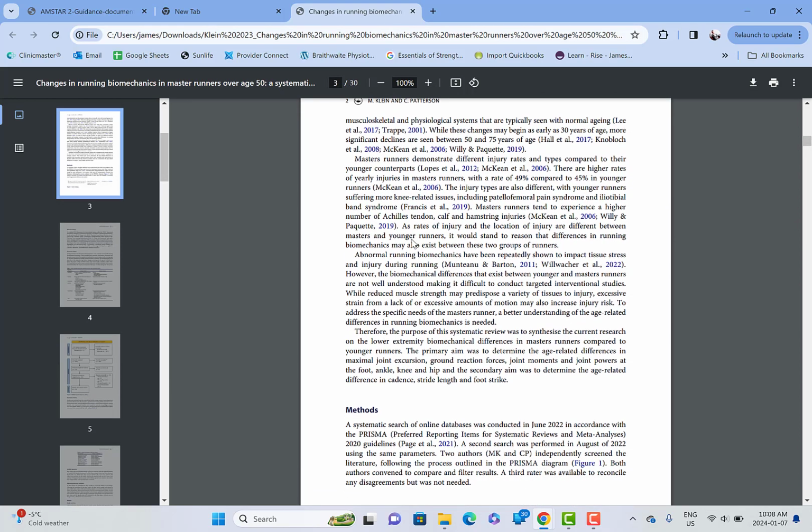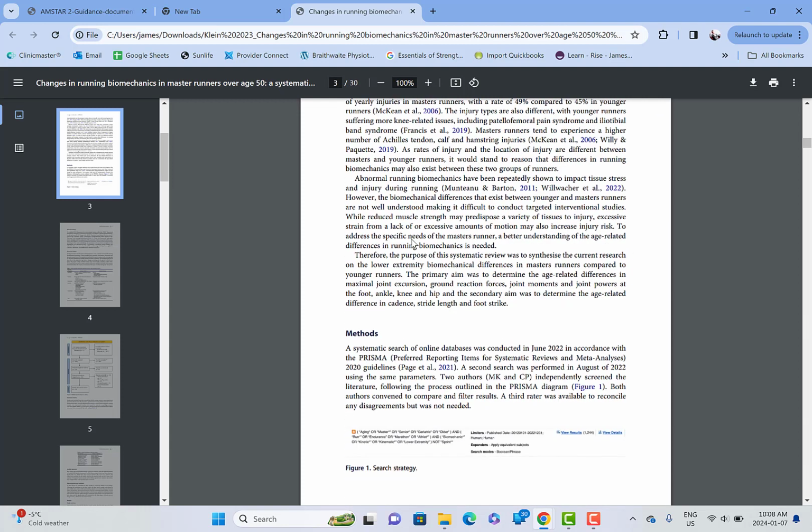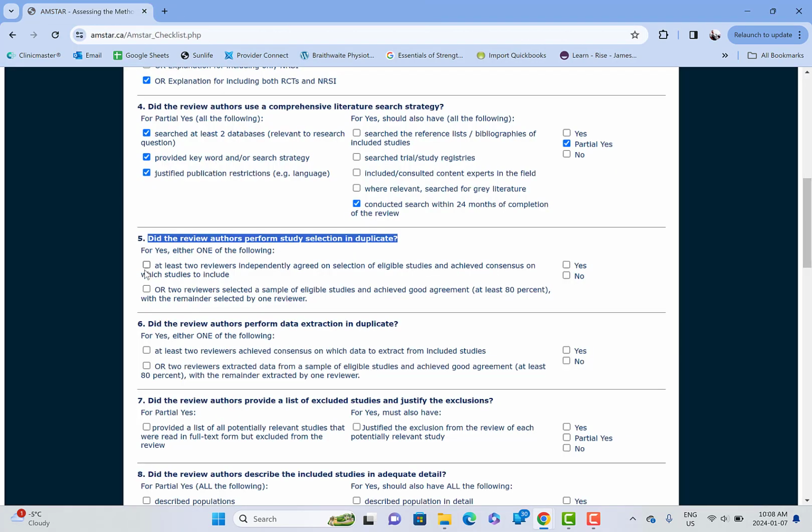And in the paper, it does describe how the 2 authors independently screened the literature following the PRISMA process, you can see here in figure 1, and then they convened to compare and filter results. So we can say yes to this question. At least 2 reviewers independently agreed on selection of eligible studies and so on. Question 6, did the review authors perform data extraction in duplicate?